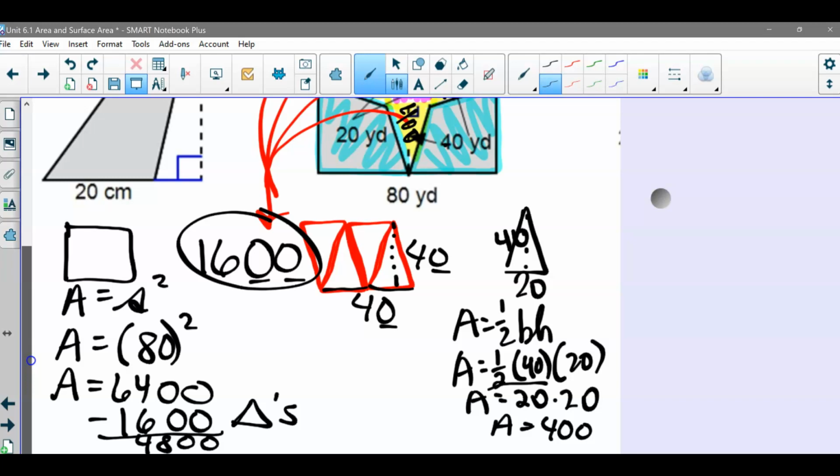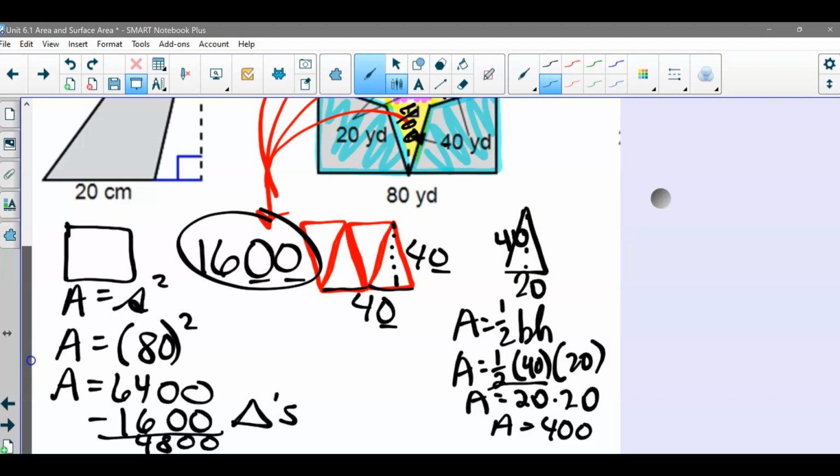Well, we have to cut it in half because it's a triangle. So if we cut it in half, each is going to be 400. So this is one triangle. We put 400 around, and 400 4 times would be 1,600 total.